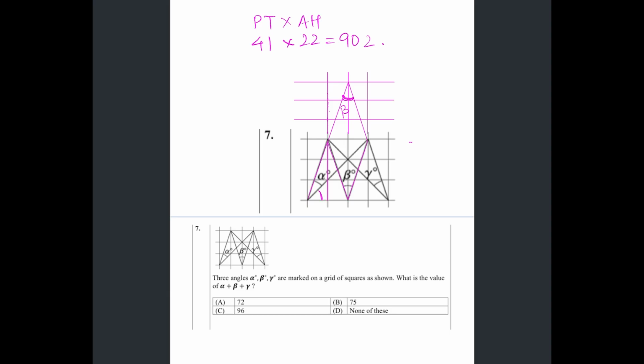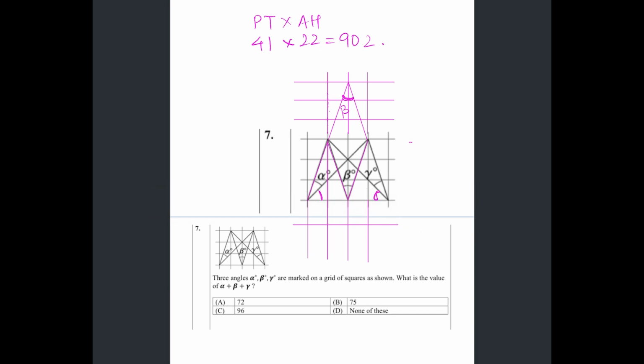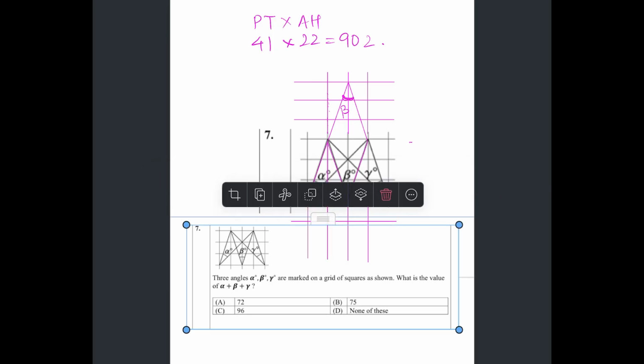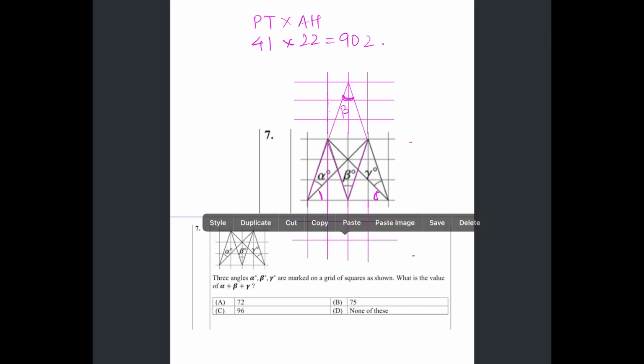And now what can we say about these two angles? Okay, let's extend it down here as well. Right, so let's see this.